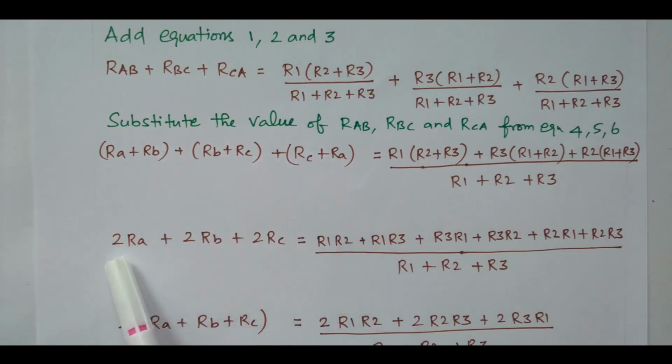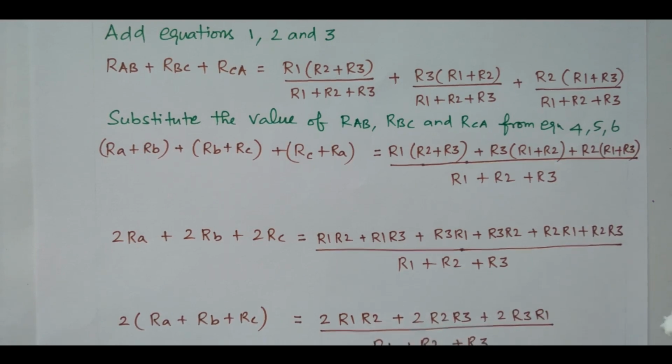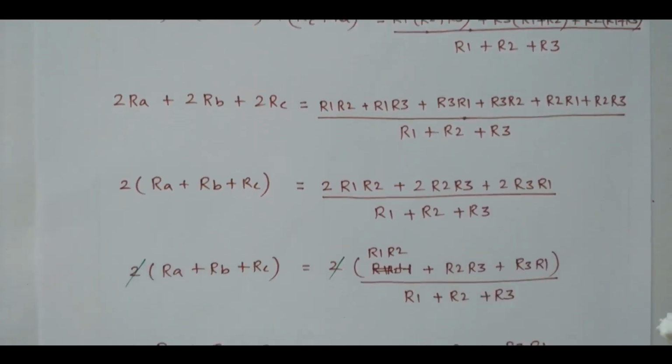So we can write 2RA plus 2RB plus 2RC. And here you multiply the terms inside: R1 into R2, R1 into R3, R3 into R1, R3 into R2, R2 into R1, R2 into R3, divided by R1 plus R2 plus R3. Now we'll go for further simplification.